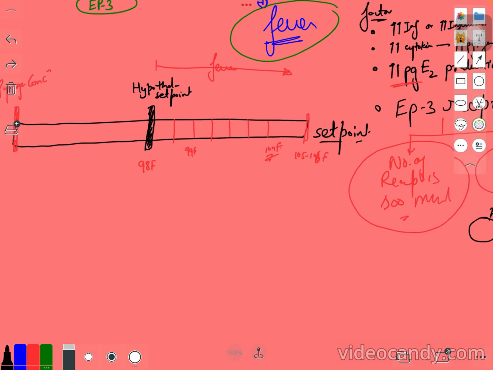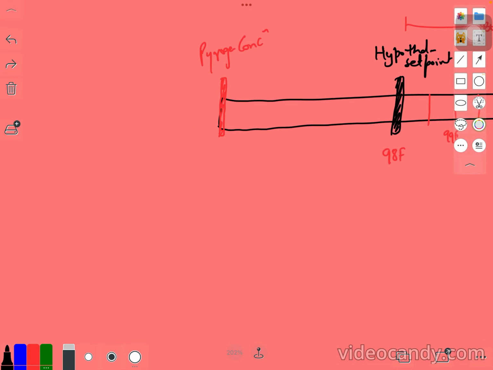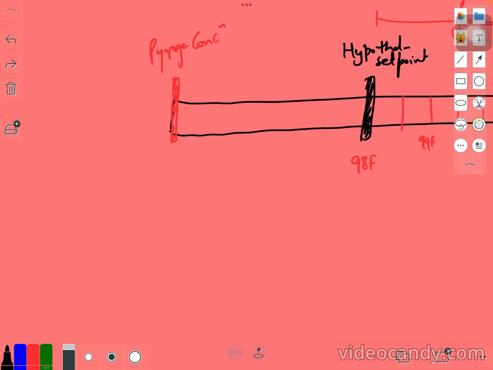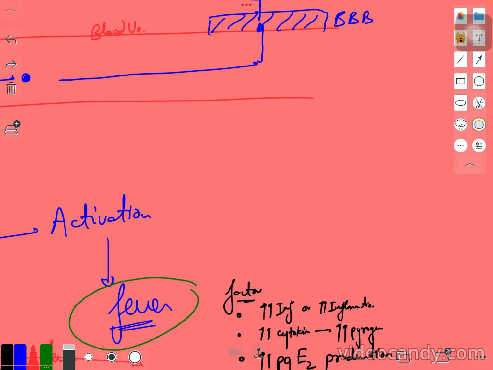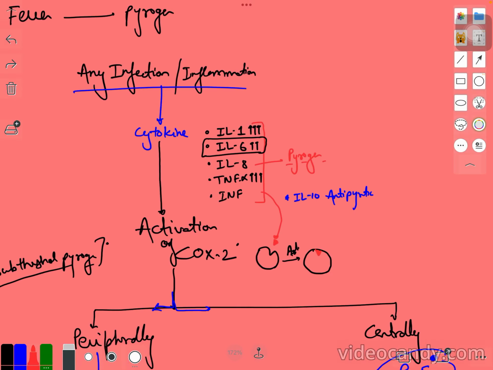So now we have an infection or inflammation, and there is an increased amount of pyrogen concentration. As this pyrogen concentration shifts toward the right and reaches over here, we said there are different pyrogens: IL-1, IL-6, IL-18, and TNF-alpha.